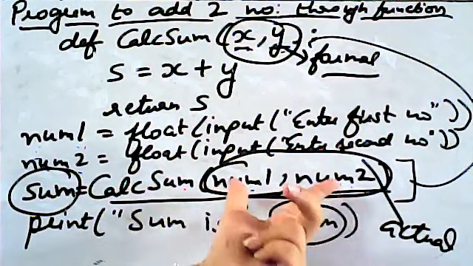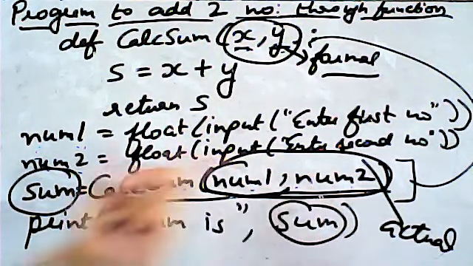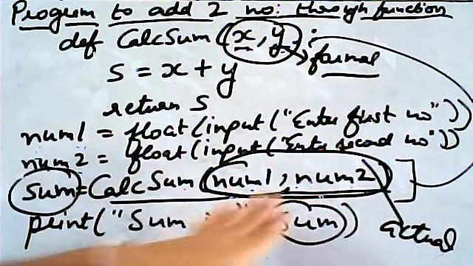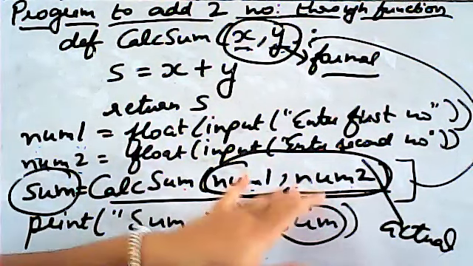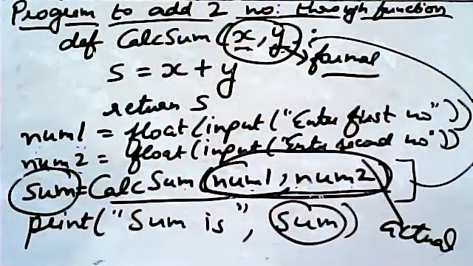Basically, actually we are passing this, right? This value is being used because we are taking this value from the user and actually using it. That's why its name is the actual one and the other is the formal one. So these are the differences between them.